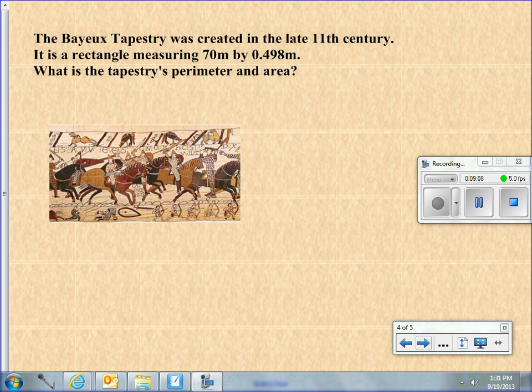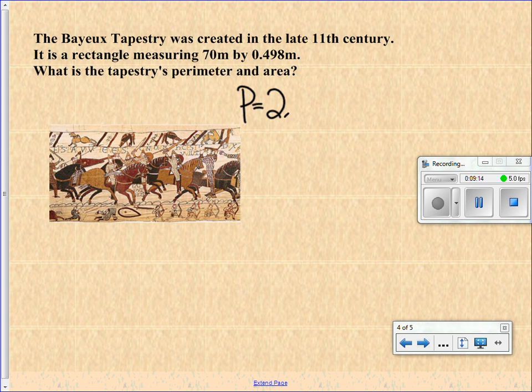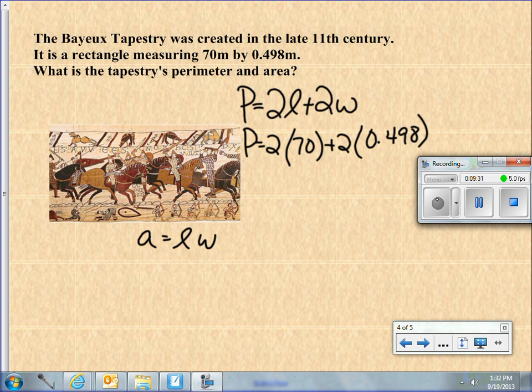So I'm going to remind you of what the formula is for perimeter. P is equal to 2 of the lengths plus 2 of the widths. And our area is equal to your length times your width. So we put perimeter as 2 times 70, which is the length, and we multiply 2 times the width.